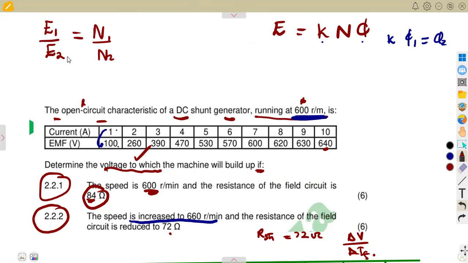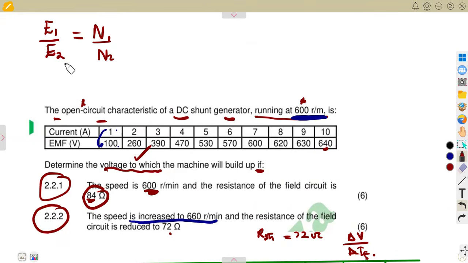We have calculations on our DC machine where we consider the speed. When you are given two conditions, an initial condition and a second condition where there is an increase, what we need to know is how the values are going to change.